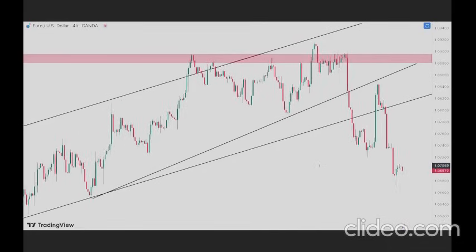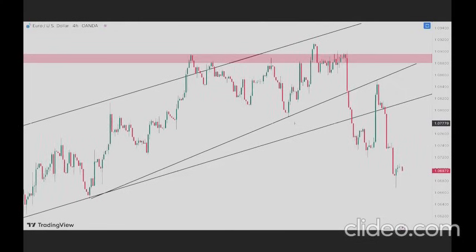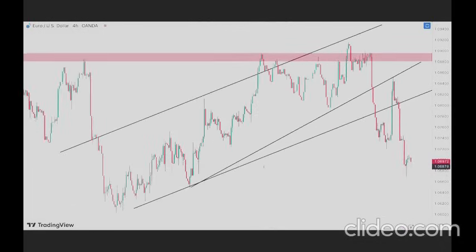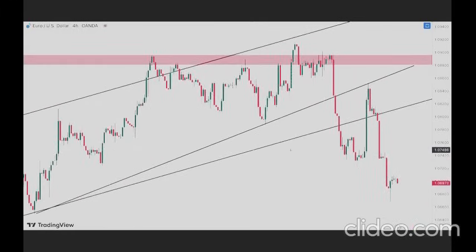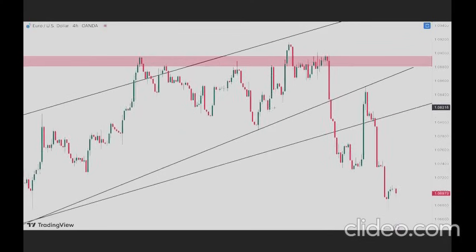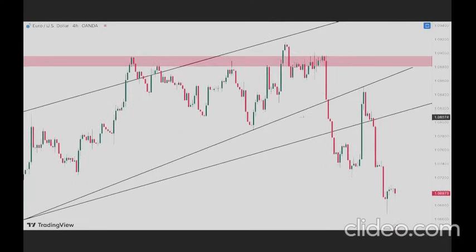But here, as you can see, I have pressed this and it connected 2 points inside this channel. So our entry here was here.